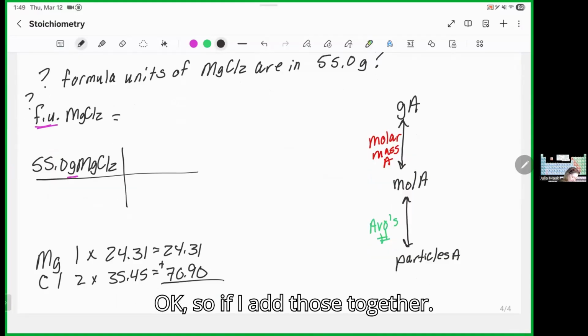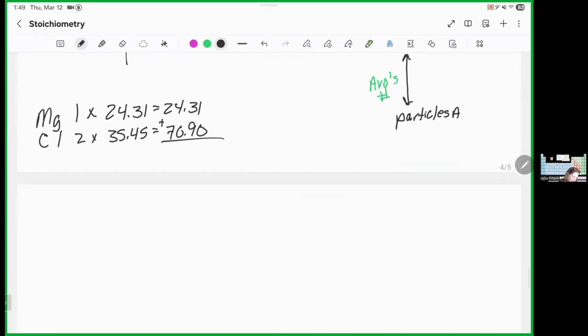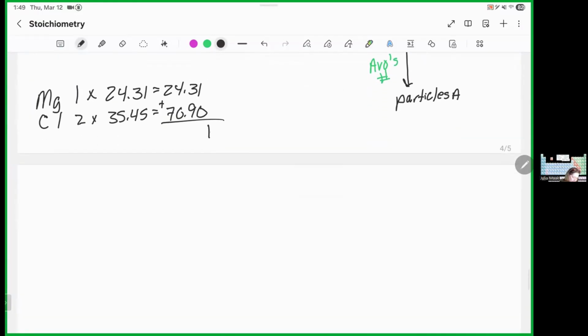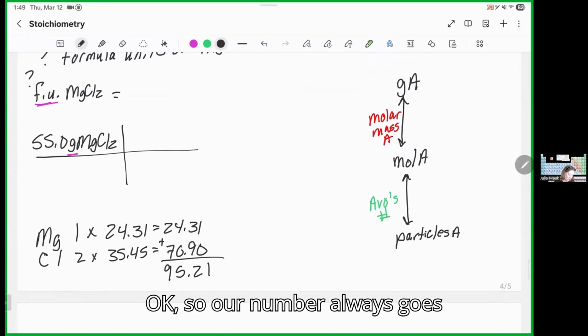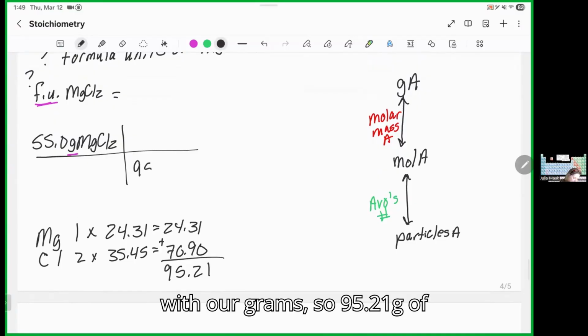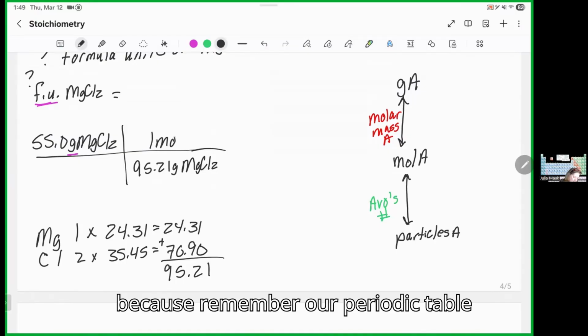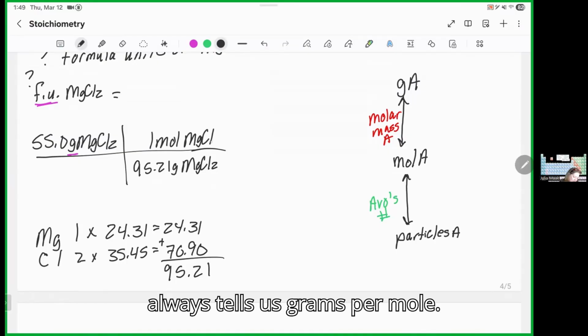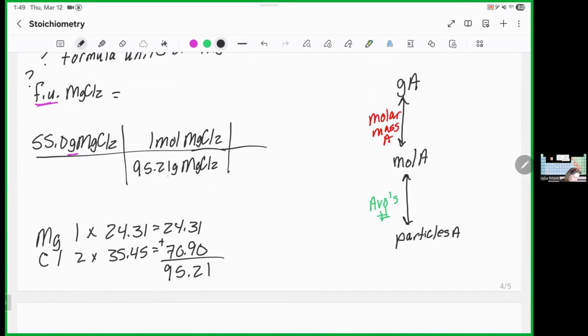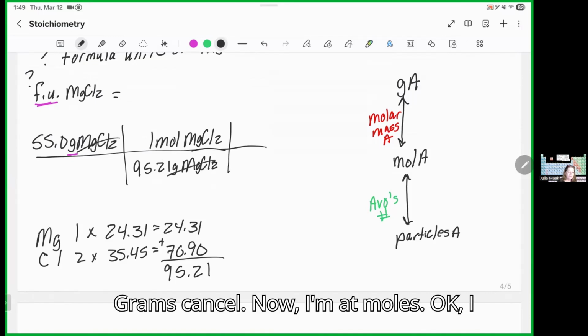If I add those together, $95.21. Our number always goes with our grams. So 95.21 grams of my magnesium chloride in 1 mole. Remember, our periodic table always tells us grams per mole. Grams cancel. Now I'm at moles.